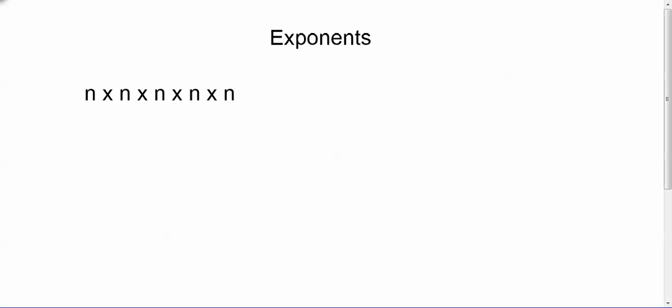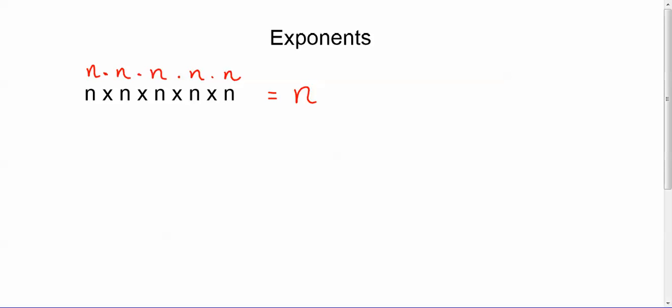The next thing you're going to see is exponents, and I can't type the dot, so let's say it's n times n times n times n times n. This is different in that we see repeated multiplication. When you see repeated multiplication, that means we're going to use exponents. So ignore that I just wrote that. What we're going to do is write n.